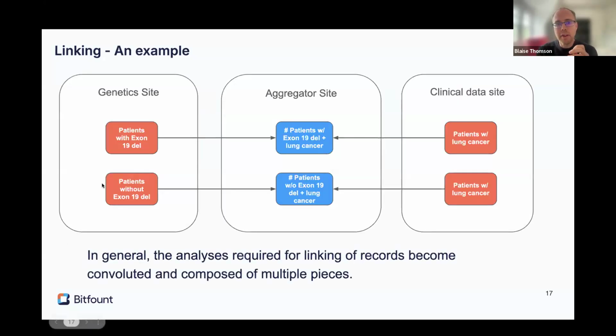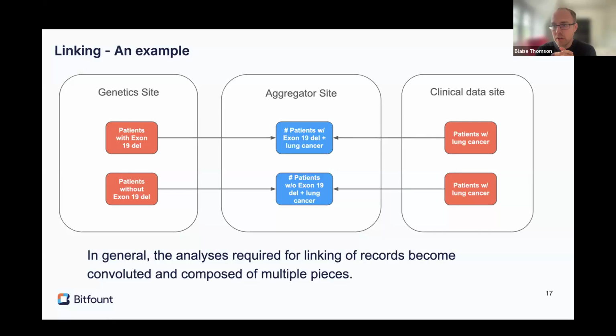So basically the way you end up doing this is you have to do two calculations. So you do two of these private set intersections. You've got the patients with the deletion and the patients without the deletion. You've got the patients with lung cancer on the other side, and you do two of these private set intersections. But as you start wanting to do more complicated analyses, this all starts getting more and more complicated.